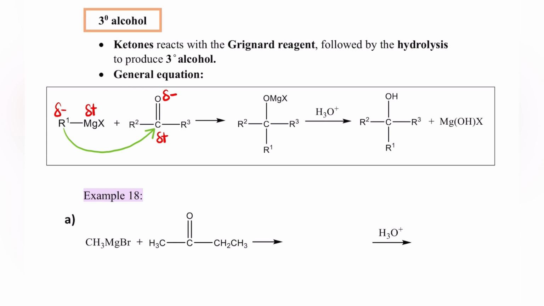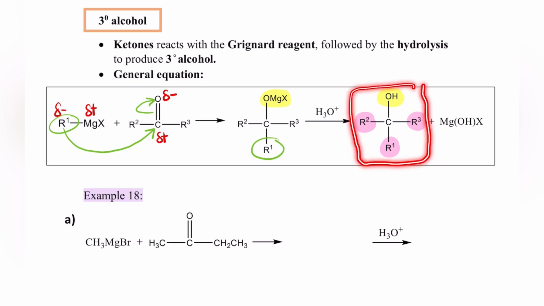So R1 awak akan attach dekat sini. And then double bond ni dia akan bagi kepada O. So awak akan dapat OMgX. Dan this one awak akan hydrolyze jadi OH group. So you got your 3 alkyl groups here. 1, 2, 3. With carbon attached to hydroxyl group, this is your tertiary alcohol.